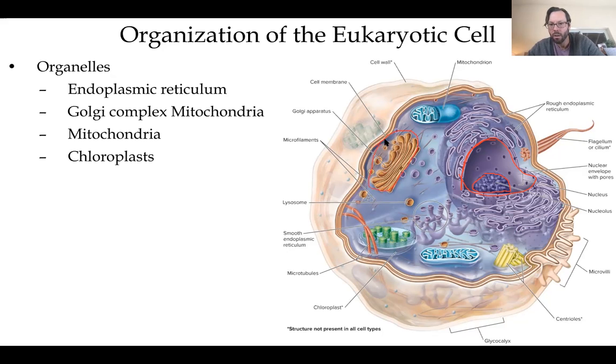Okay. And the Golgi is kind of like the post office, where the Golgi takes those proteins and further labels them, or if they're misfolded, recycles them to their respective areas.